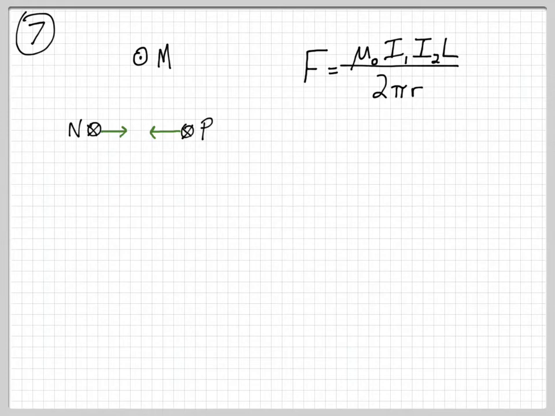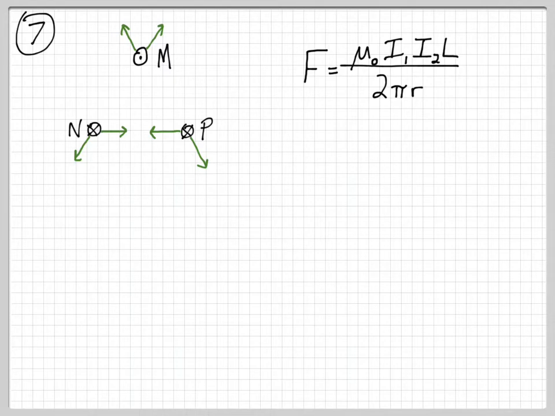So I can draw a vector for M being repelled from N, and a matching vector for N being repelled from M. And then for M and P, it's going to be similar. Those currents are also repelled from each other, which is going to give me a pair of forces like that.